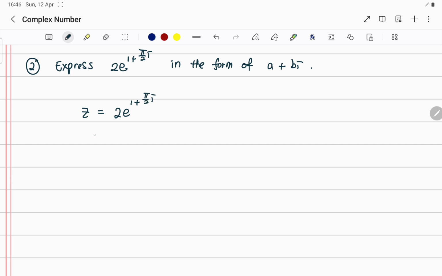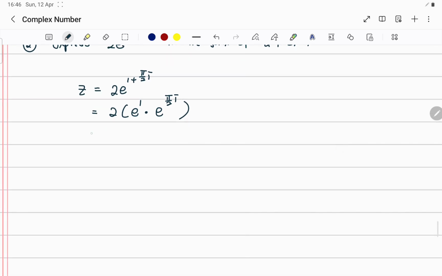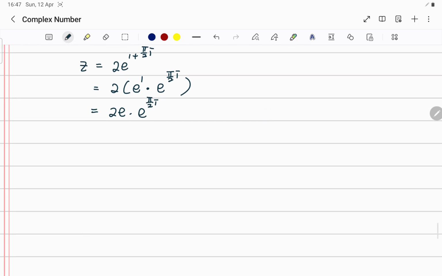And then here you can separate it: e to the power of 1, multiplied with e to the power of pi over 2 i. And then you will get 2e, since e to the power of 1 is e, and you have e to the power of pi over 2 i. Now from here you can see that 2e is your r, and pi over 2 is your theta.